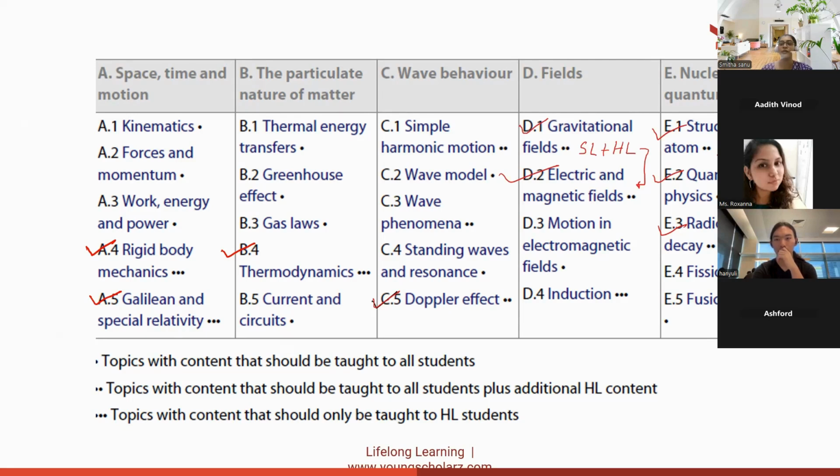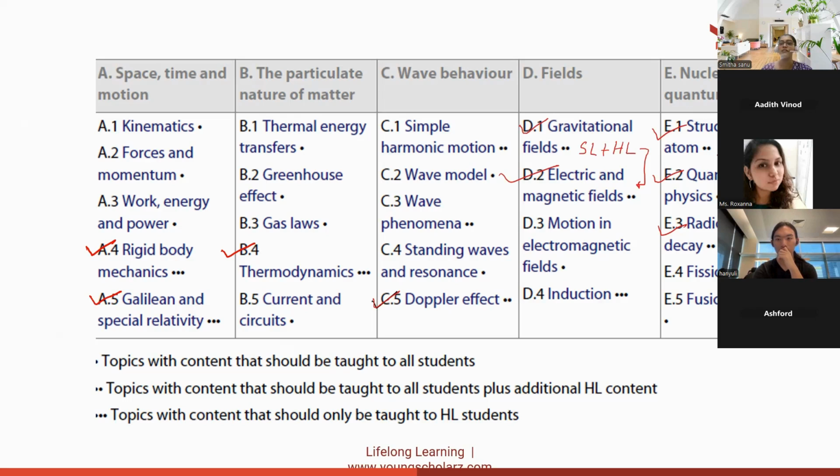Okay, topic D was all fields topics. Basically, it is a mixture of topic 6, which was gravitational field, and topic 10 of last year. So topics 4, 6, and 10 from the previous year are now divided into 4 subcategories.